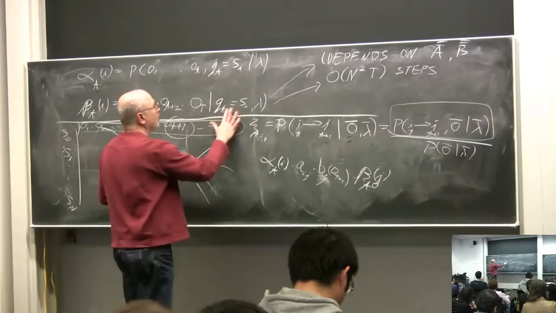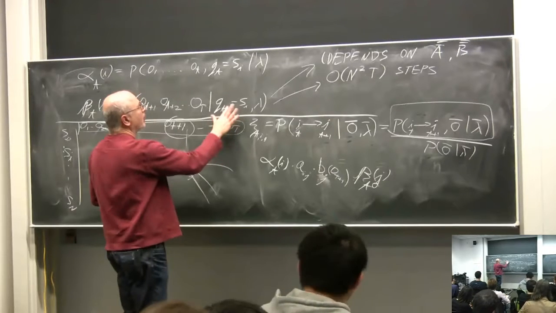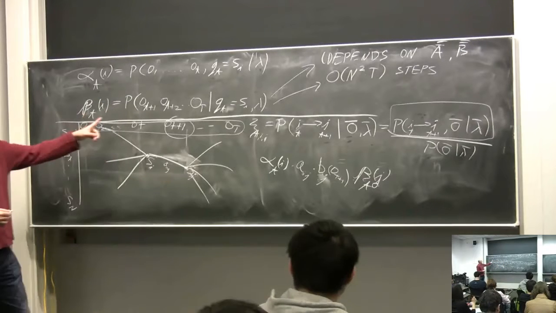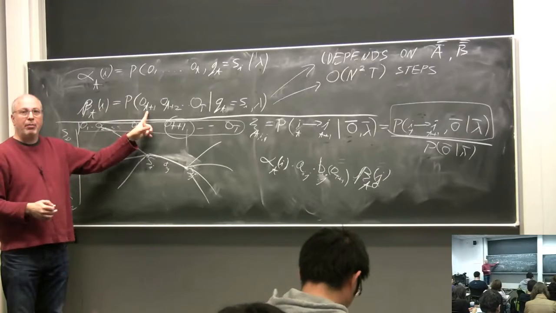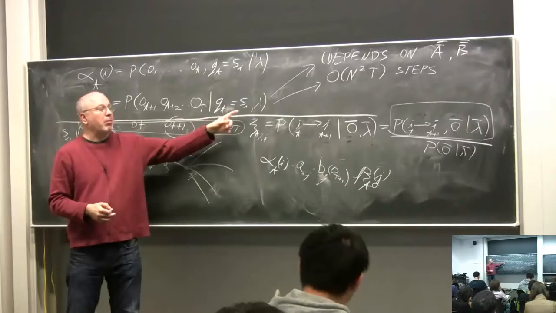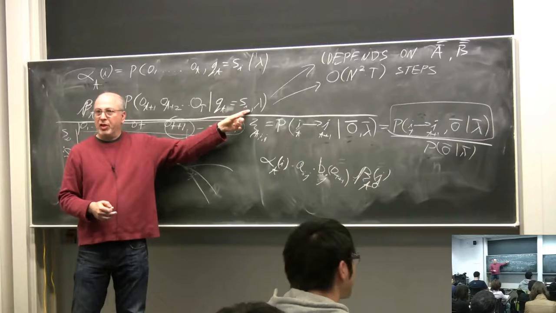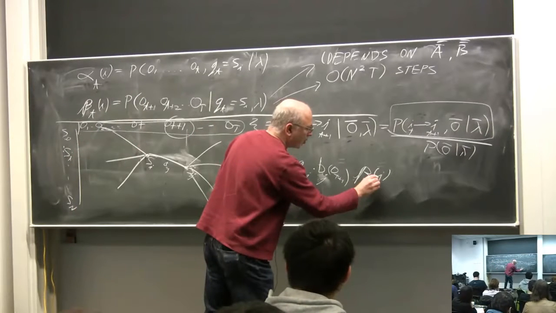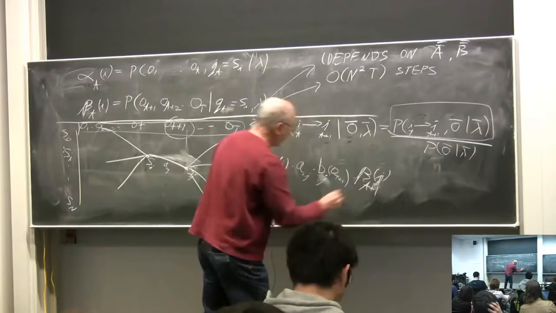I think if you said beta t of j, I was wrong here. The definition of beta is accounting for the observables from t plus 1 on, given time t being in a particular state. And therefore, this would be t plus 1.